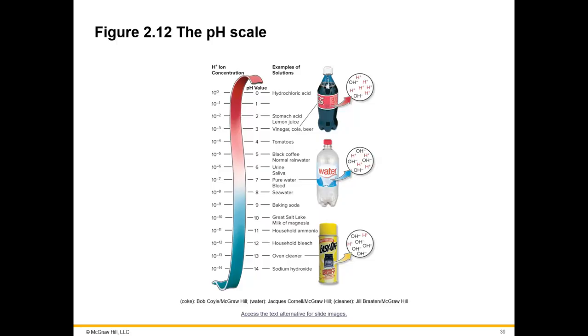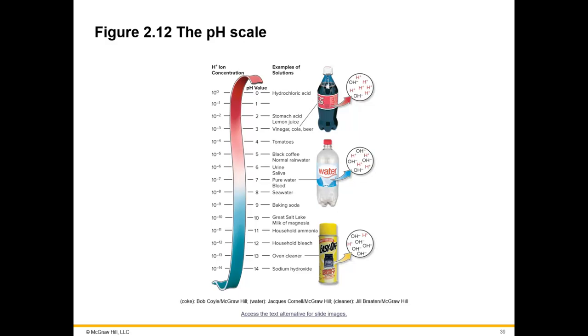The Tums are very basic, so they are similar to baking soda. They have enough of those negatively charged hydroxide anions to pair with the excess hydrogen ions that are making you feel so bad because you're feeling too acidic.